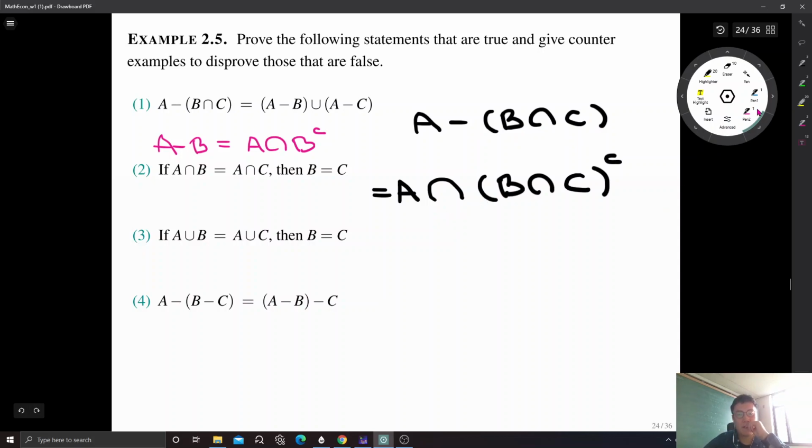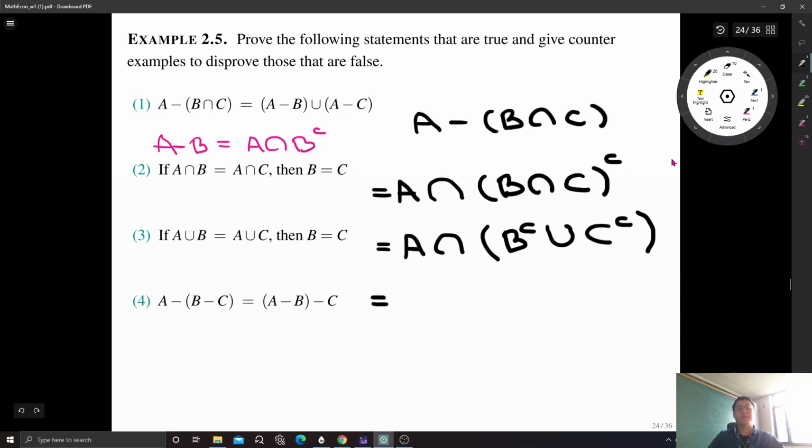Now we use De Morgan's law to distribute this complement. So A intersection, B becomes B's complement, the intersection becomes a union, and C becomes C's complement.